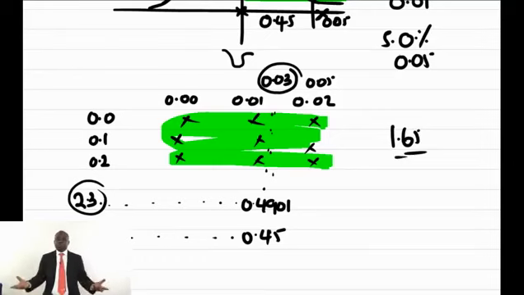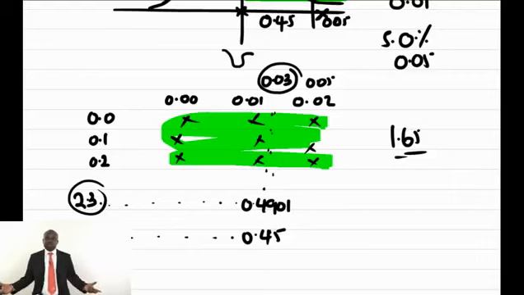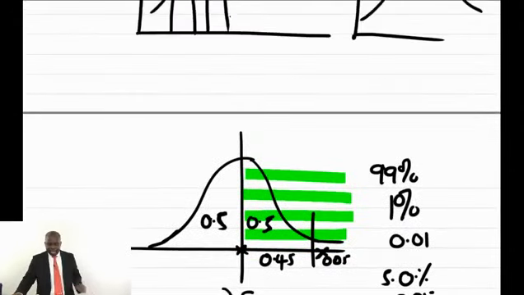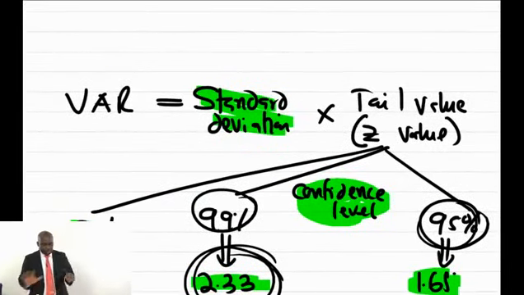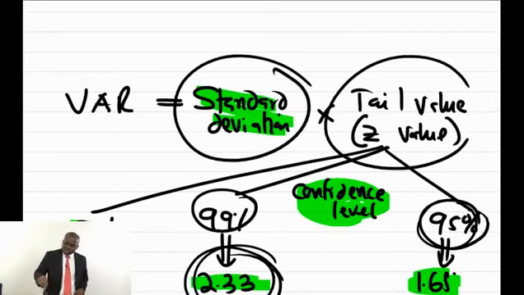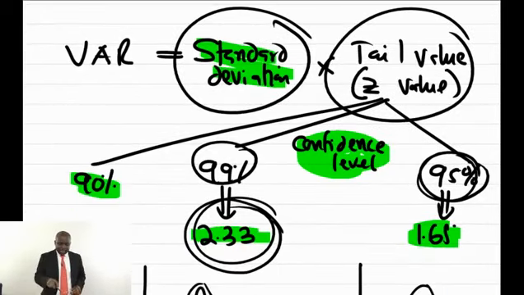And the moment you are able to do that, what do I tell students? Value at risk is for you. The only problem is you being able to get the tail value. So pick this formula: you take the standard deviation and multiply by the tail value, depending on what percentage was given to you.